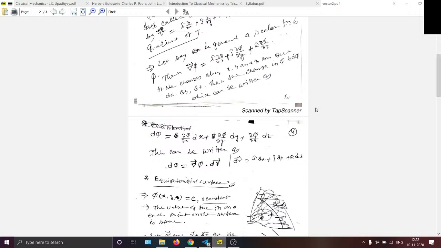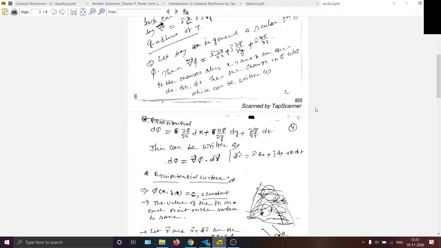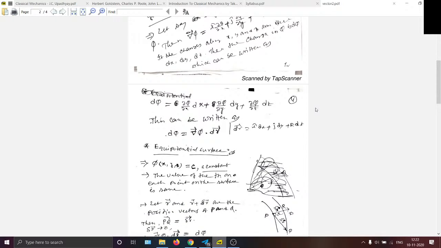So I can write dr is equal to i cap dx plus j cap dy plus k cap dz. As I said, dx, dy, dz are the small changes along x, y, and z direction.